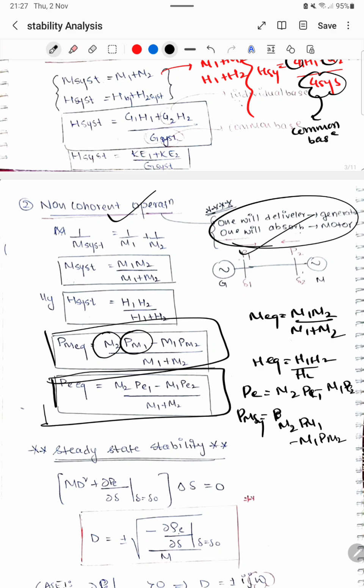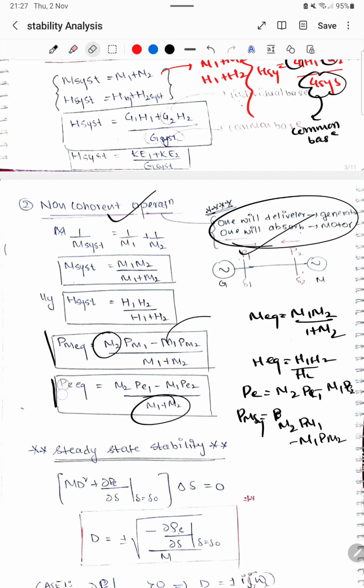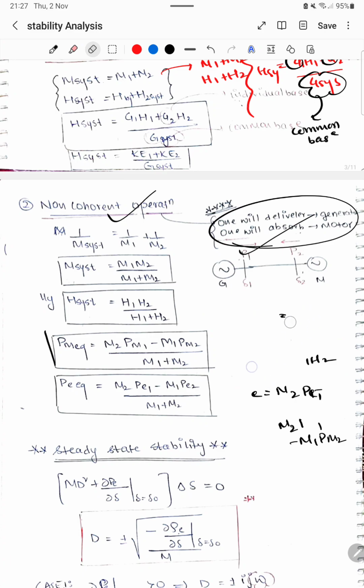Basically with M1 Pm1 will come, with M2 Pm1 will come, and with M1 Pm2 will come, and in denominator is always M1 plus M2. So let me reiterate on this. Pm equivalent will be M2 Pm1 minus M1 Pm2 upon M1 plus M2, and Pe would be M2 Pe1 minus M1 Pe2 upon M1 plus M2.